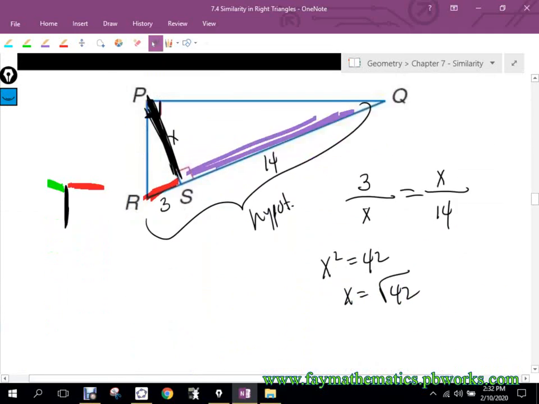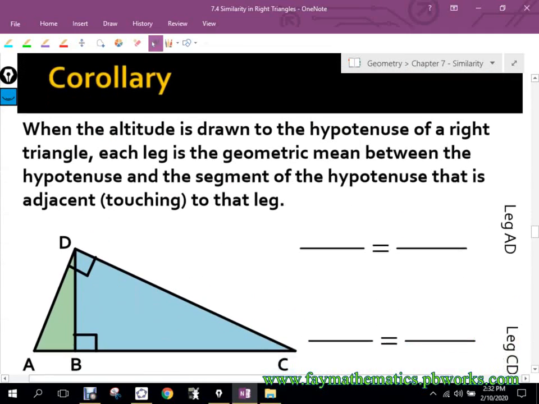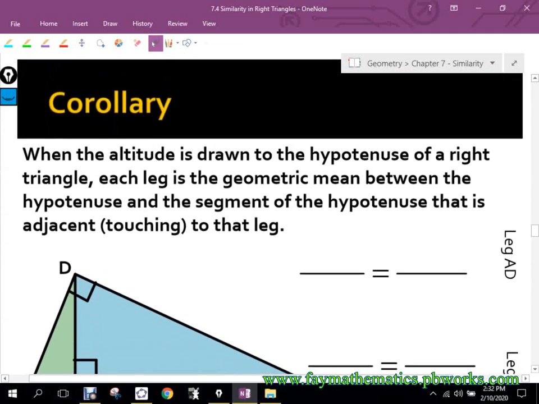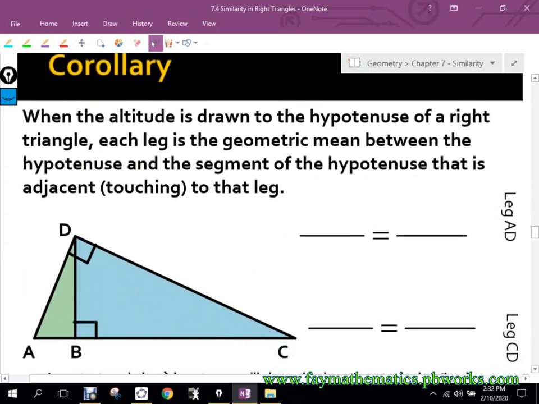So I'm going to come down here and I'll give you this to write down. It says when the altitude is drawn to the hypotenuse of a right triangle, so it starts just like the last corollary, you've got to have this overall right triangle. You have to draw DB to the hypotenuse. When that happens, this now starts talking about each leg.